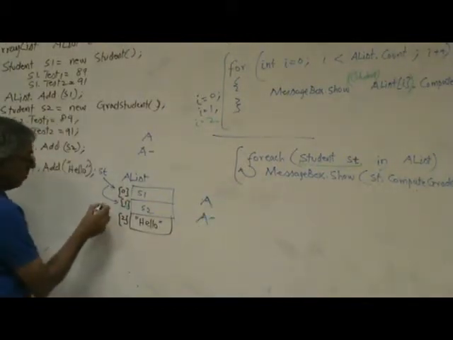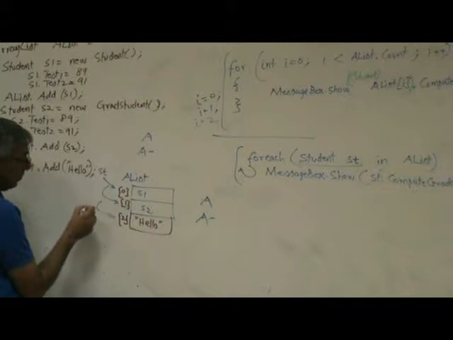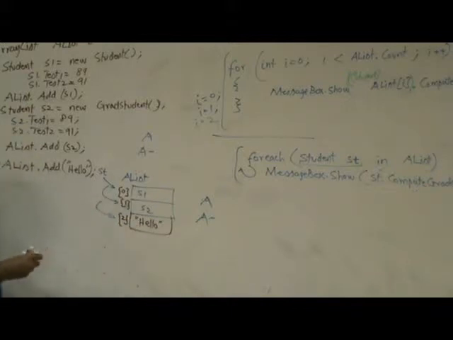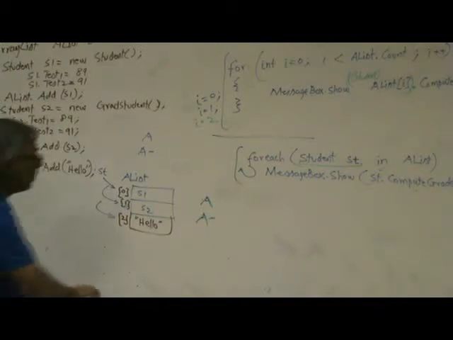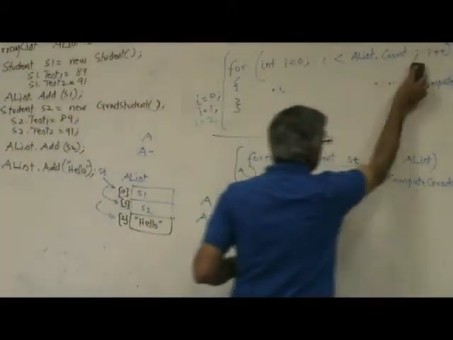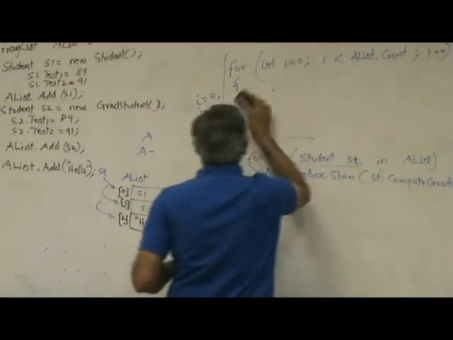Third time through the loop, can ST point over here to a string? No. So again, it will generate a runtime error, right? So in both cases, we have to check before we blindly either typecast it or try to call a method on it, okay? So the proper technique in both cases will look something like this.